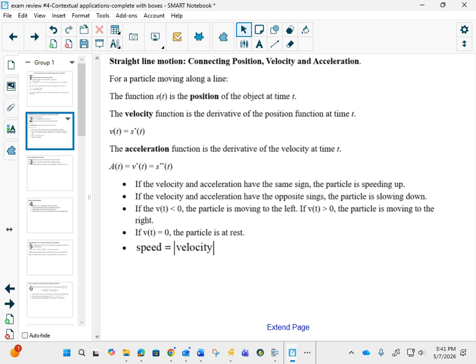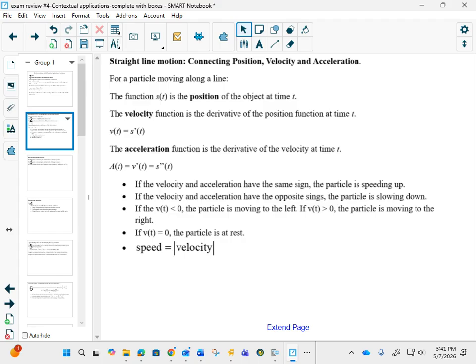Okay, a couple things that come up. If velocity and acceleration have the same sign, either both positive or both negative, it's speeding up. So you'll get some questions that are going to say, hey, is the particle speeding up or slowing down at this point? That's telling you have to check for both velocity and acceleration, right?